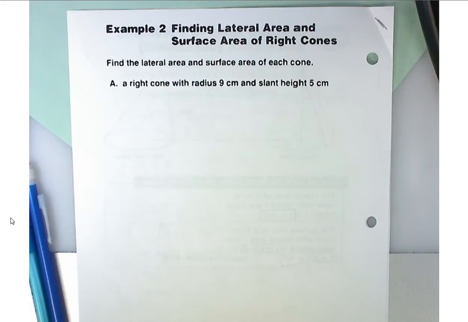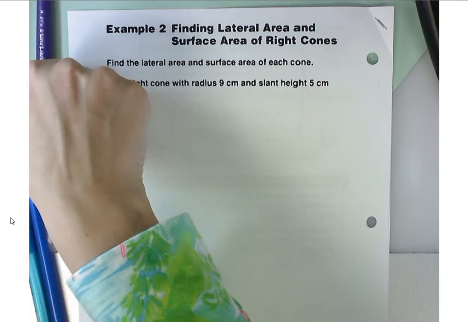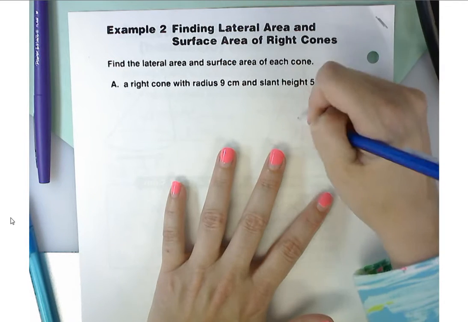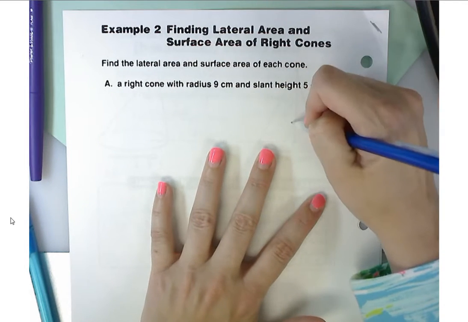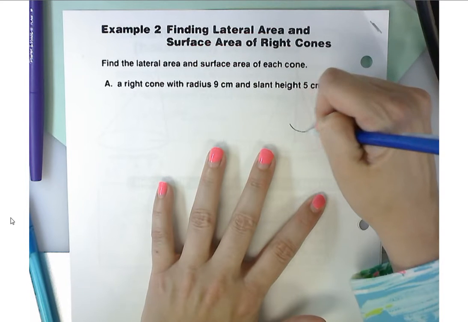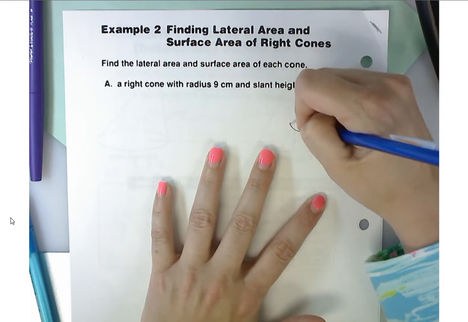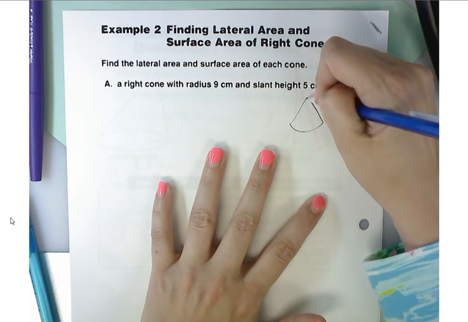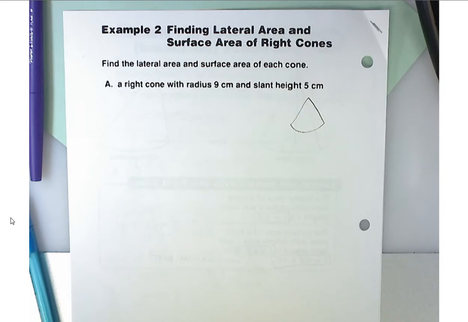Okay, so for example 2, it says find the lateral area and surface area of each cone. And the first one is a right cone with a radius of 9 and then a slant height of 5. So again, we'll just draw a representation. When you're drawing a cone, you can start by just drawing a curve. Basically, it's like a slice of pizza first, right? Got the curved crust edge and then the pointy top.